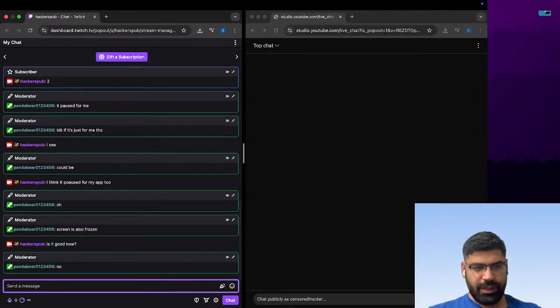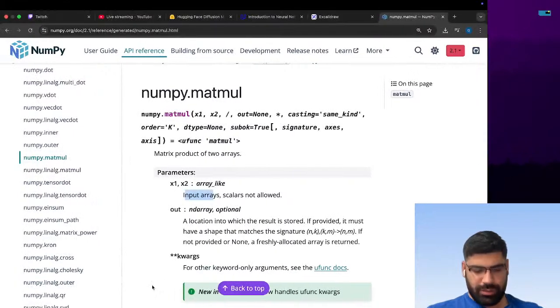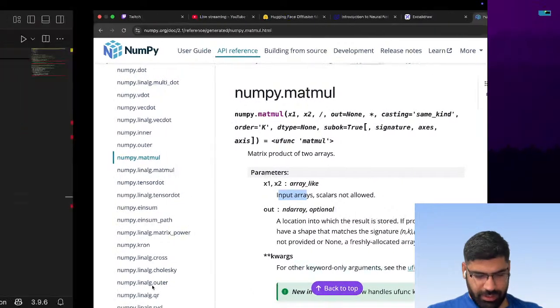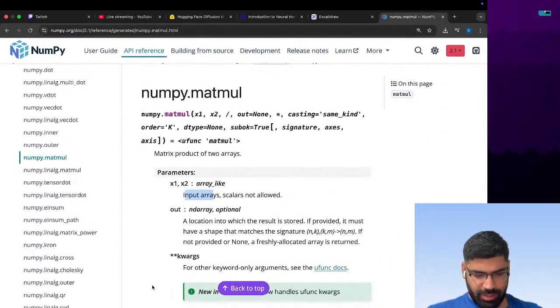It froze for me, I don't know why too. It should be working. Can you guys see me? You can see if I'm changing the screens. No? Still the issues there?